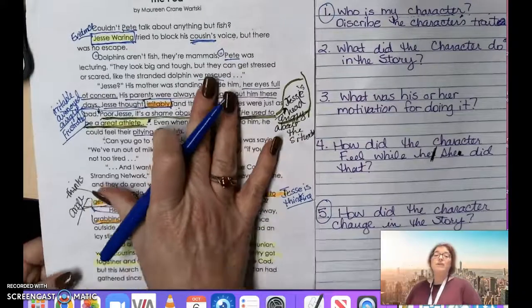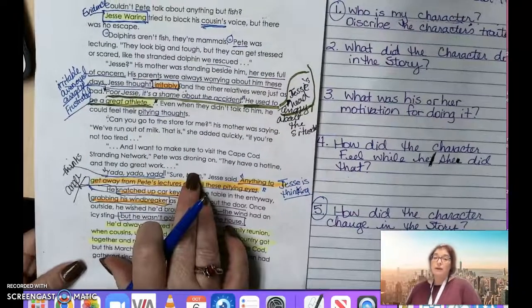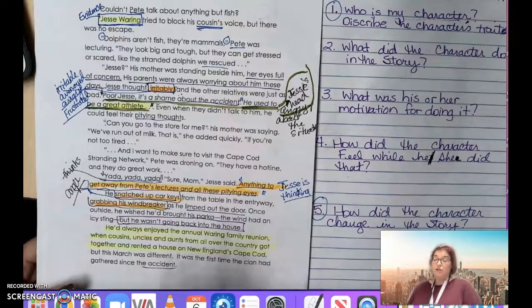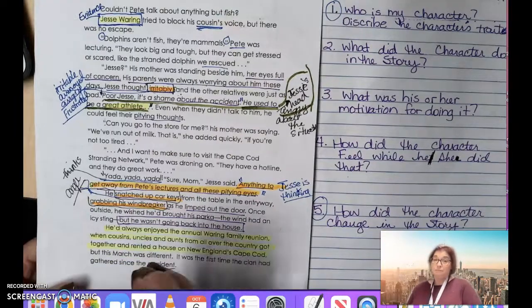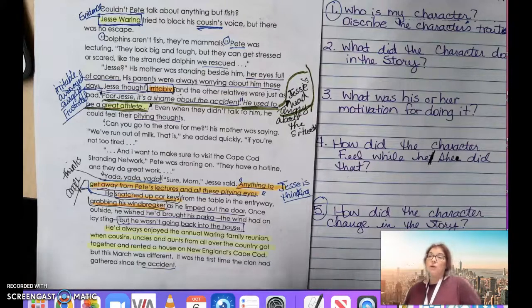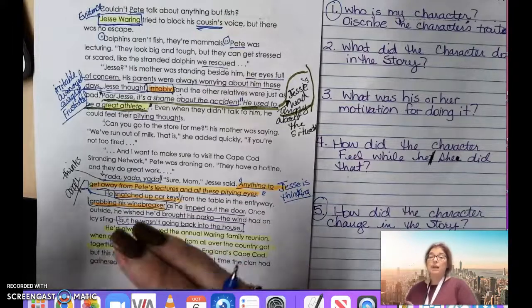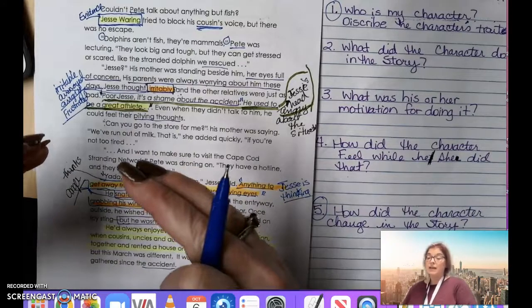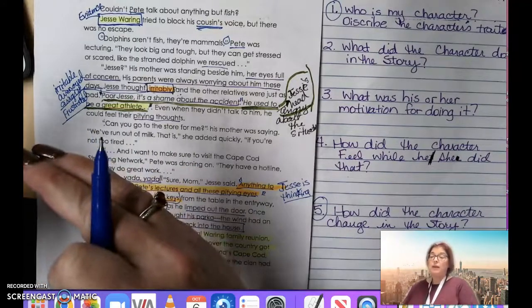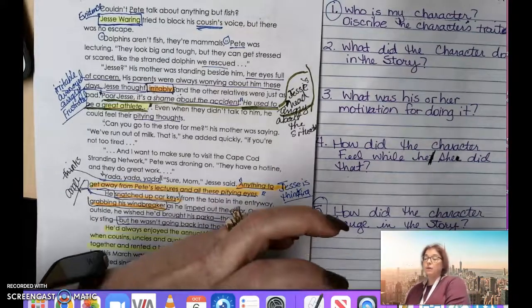I have read this story so many times that I can tell you what the character traits are for Jesse. Your main thing right now is we're looking at the character traits of Jesse in the beginning of the story and the character traits Jesse has at the end of the story.